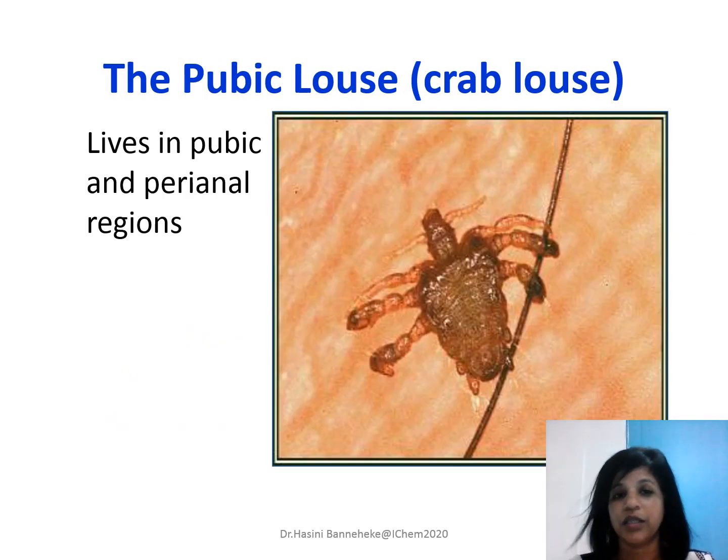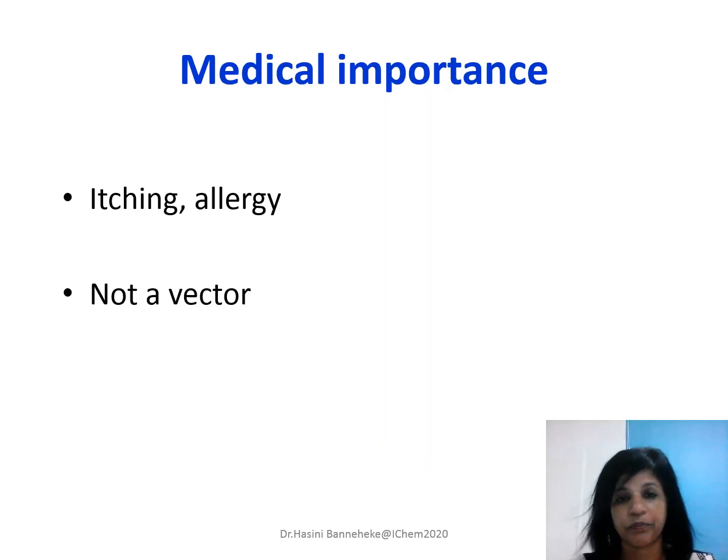And moving on, this is the pubic louse, which is also called crab louse. The name crab louse is given to the pubic louse because the appearance looks like a crab. You can see the tips of their legs, they look like those of a crab, and also the body shape looks like a crab, so that is why it is given that name. And the medical importance of the pubic louse or crab louse is that it causes itching.